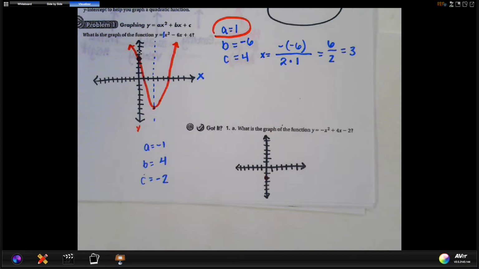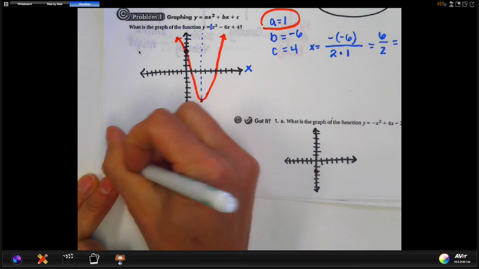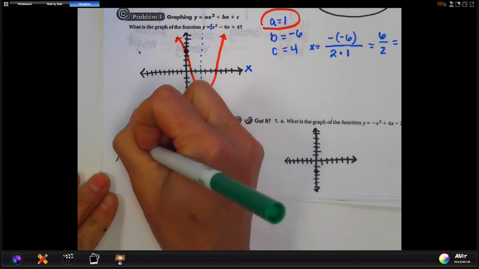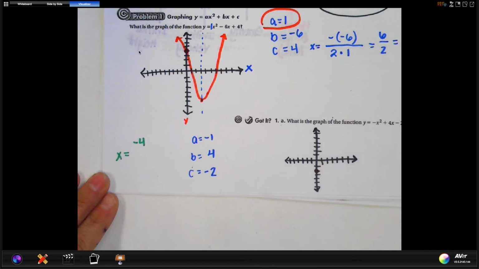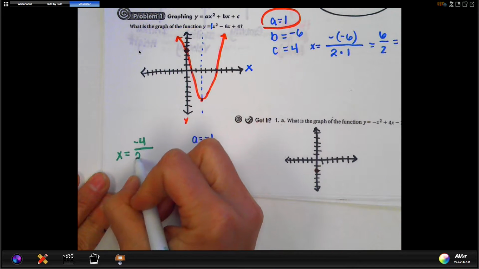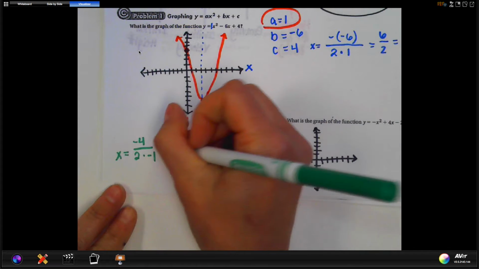All right, so let's use the formula again. So x equals what? Go ahead, Emma. Negative 4, and then divided by 2 times negative 1. Perfect. Negative 4, so negative b, divided by 2 times negative 1, or 2 times a. And then you want to simplify that.